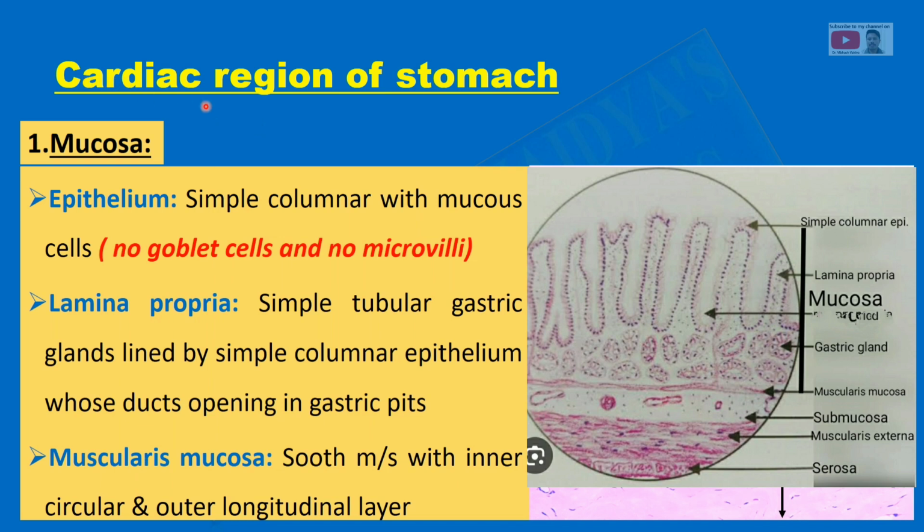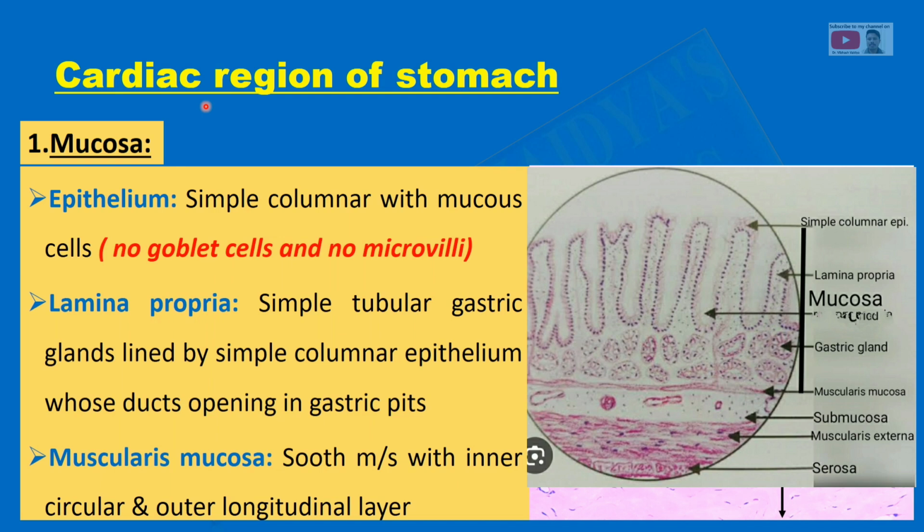Apart from this region, the stomach is made of the 4 layers of the gut. From most inside, it has the mucosa, then submucosa, then muscularis externa, then serosa.